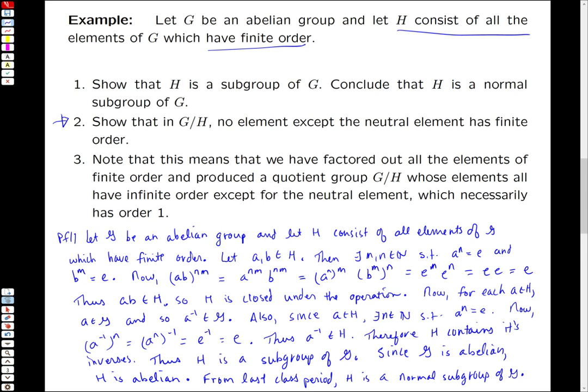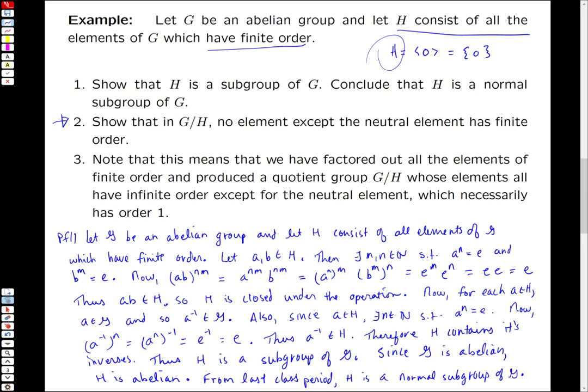Did H have finite order? The elements in H have finite order. It was just a 0. 0 is the only element in our set. If we made H be 0, that is just the set 0. When you add 0 to itself, you get 0. Subtract 0 from itself, you get 0. So this had finite order.